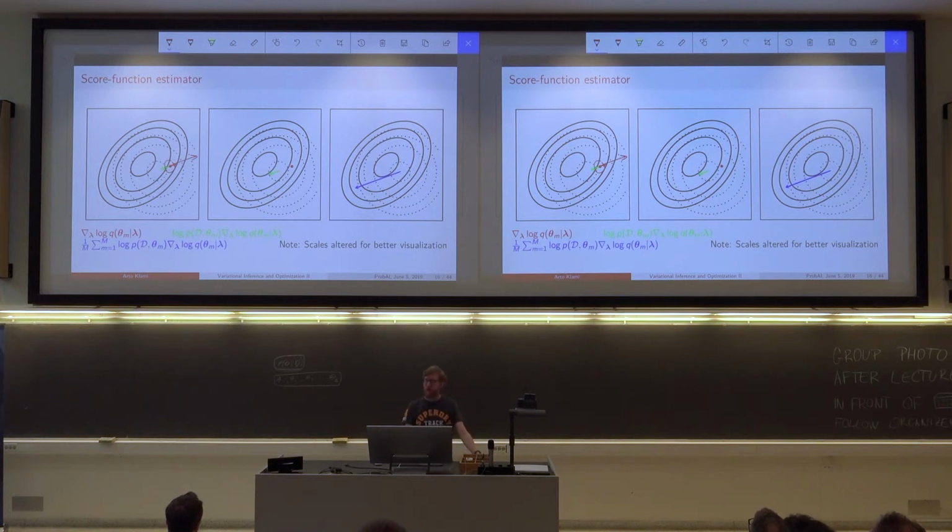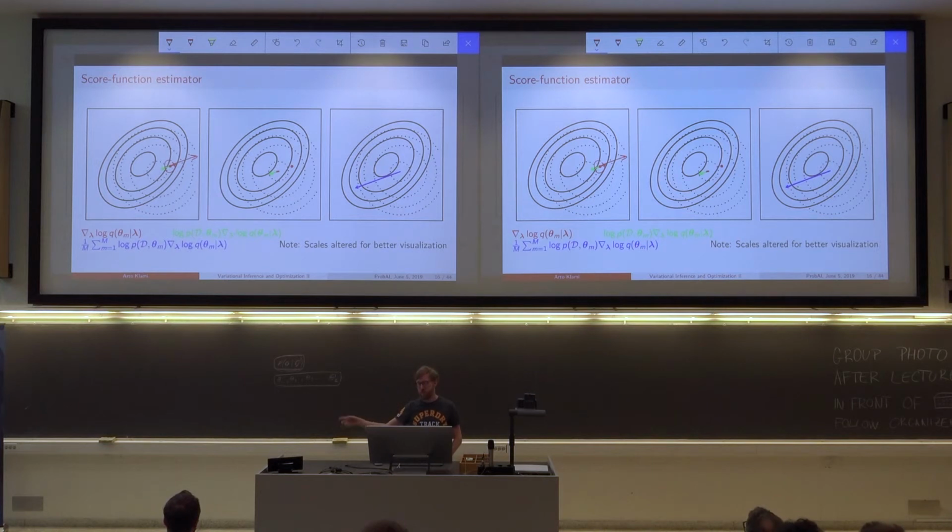So if we take this one sample approximation, then the derivative that enters into the Monte Carlo estimate, now shifted back to where the actual center of the distribution is, is this green arrow here. This one sample suggests that the gradient should point in that direction.